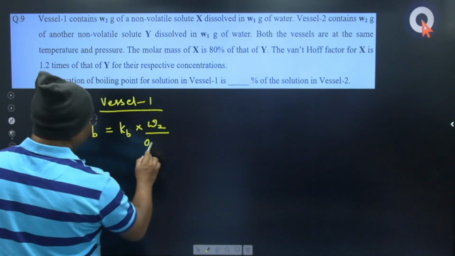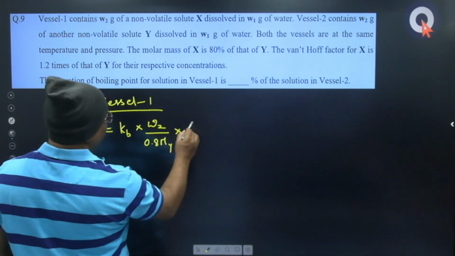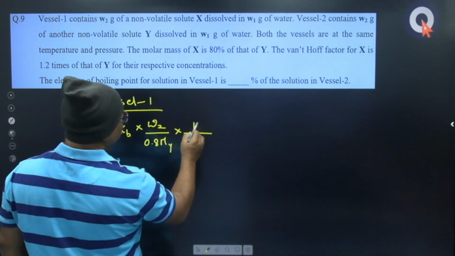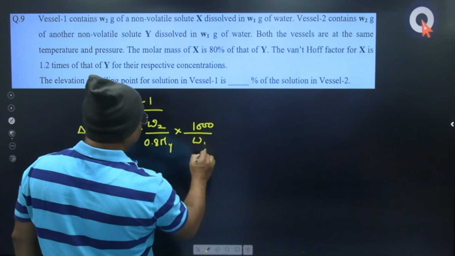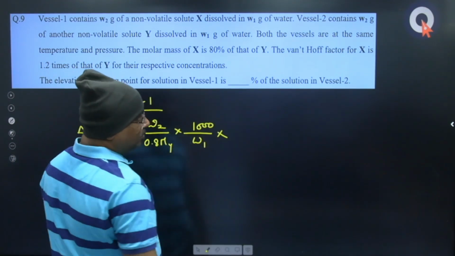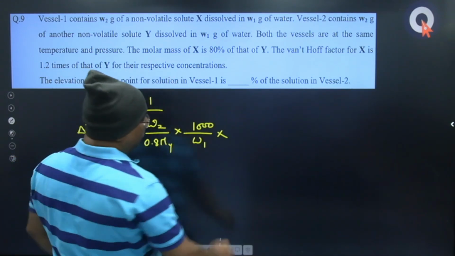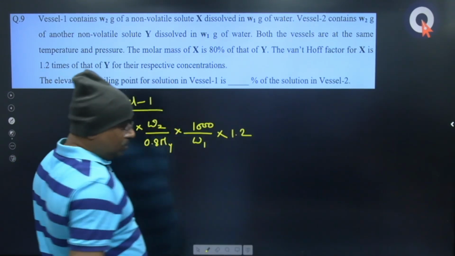That is 0.8 of My into 1000 by W1 here, into Van't Hoff factor of X. What is the Van't Hoff factor of X? 1.2 times that of Y, means 1.2. That is, you can take 1.